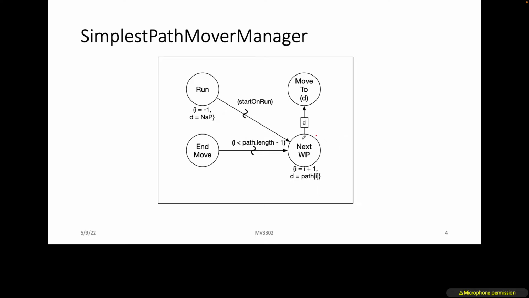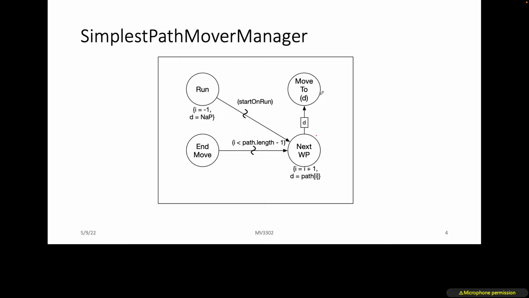So the idea here is that this has an event called next waypoint, and what that does is advance our index to the next item of the path. Let's get the next waypoint from that path, and then pass it on by scheduling the event move to.